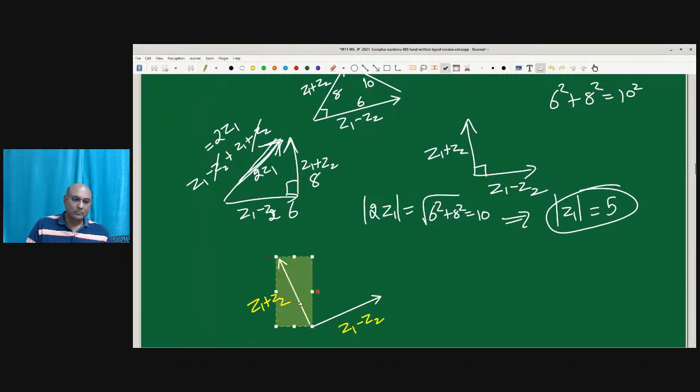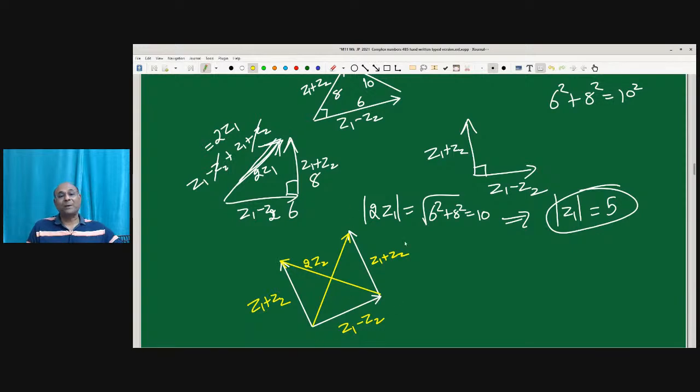If you now duplicate this and move it here, that is also Z1 plus Z2. So now what is going to happen? If I now look at this arrow and look at this arrow, this arrow is 2 times Z2. Why? Because it is this minus this. Z1 cancels, it becomes 2 times Z2. This is Z1 plus Z2, right? Now this arrow, that arrow, they are falling one after the other.